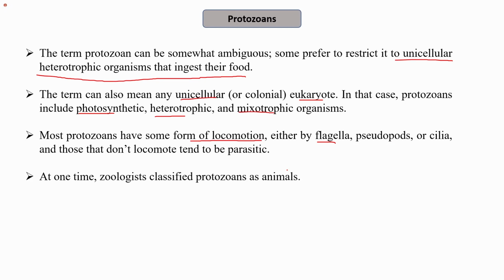But due to certain differences which are not exclusive to either kingdom, they have to be put into the other kingdom, which is the kingdom Protista. Just like euglenoids, people have tried to put protozoans into the kingdom Animalia, but they are not exactly similar to animals in many aspects, and therefore they have now been put into the kingdom Protista.